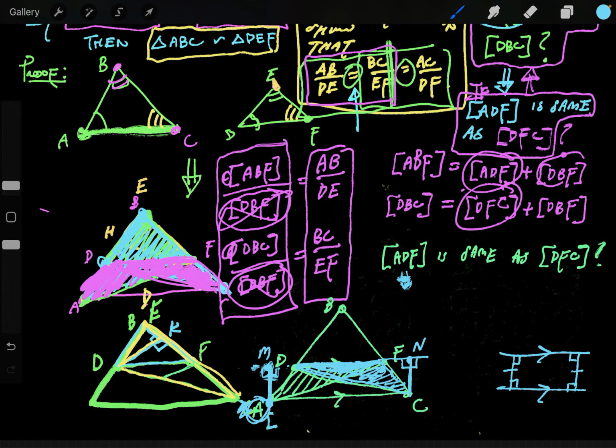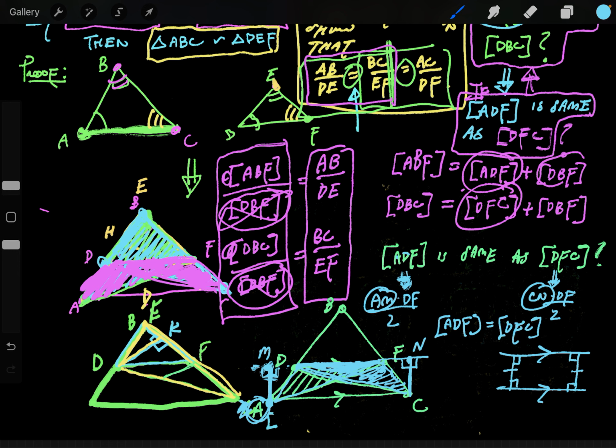And then that means that since ADF, this triangle, is going to be AM times DF divided by 2, and this one is going to be CN times DF divided by 2, but we just said that CN and AM are the same, that means that these two areas are the same.